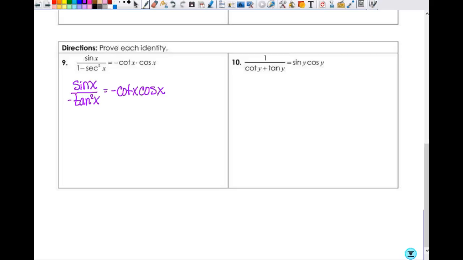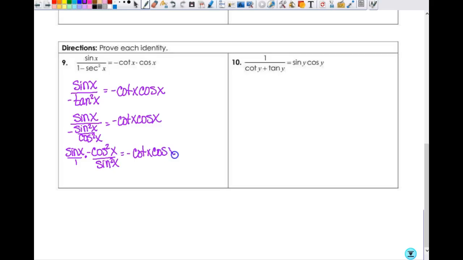So now I'm going to simplify this. It's going to give me the sine of x over negative sine squared x over cosine squared x equals negative cotangent x cosine x. So then I can multiply by the reciprocal here, so I'll have sine of x over 1 times a negative cosine squared x over sine squared x equals negative cotangent x cosine x.